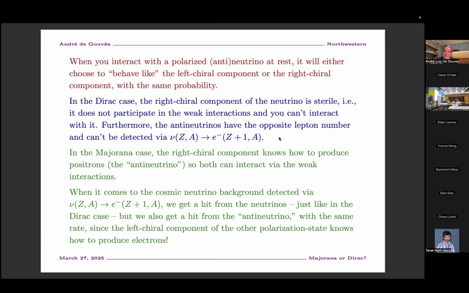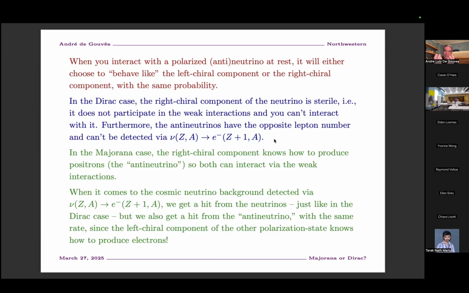The other half of the time it will behave like a right chiral component, and that doesn't know how to do this induced beta decay. However, there's also the right-handed helicity component of the cosmic neutrino background. That state will also speak either like a left chiral field or a right chiral field. And because the neutrinos are now Majorana fermions, the left chiral field is the one that knows how to produce electrons. Again, remember, the number of fields is less.